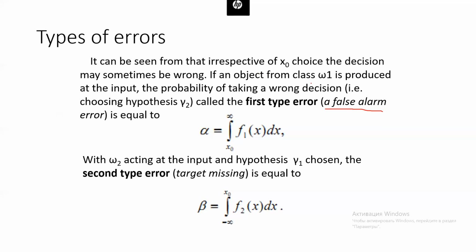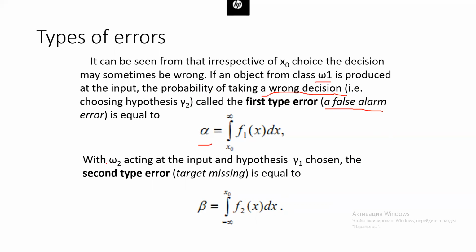So if an object from class 1, omega 1, is produced at the input, the probability of taking a wrong decision is called the first type error. So you may calculate the probability of false alarm in this case, and it will be the first type error.